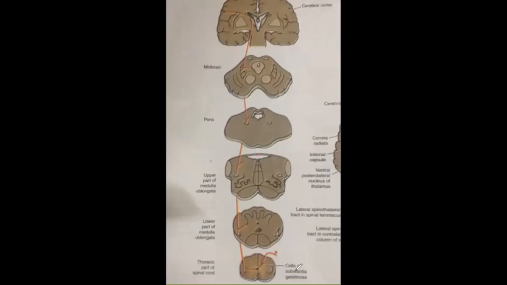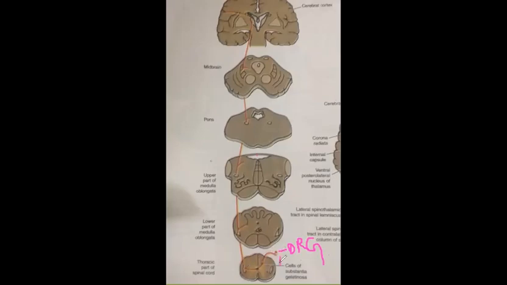In this picture, this is again your dorsal root ganglion, and this is the dorsal horn of the spinal cord. From here it reaches the contralateral side.